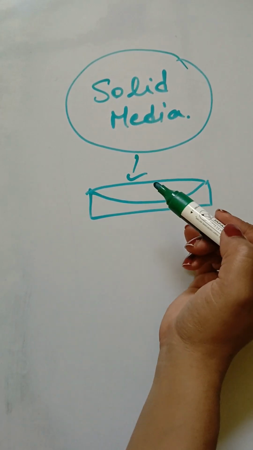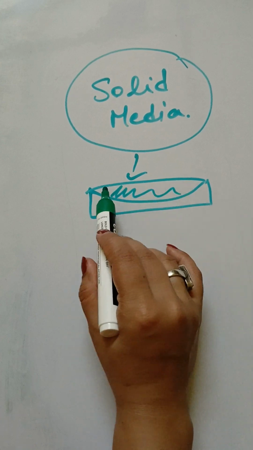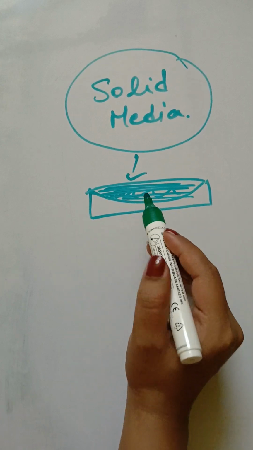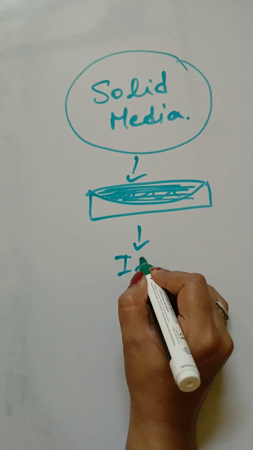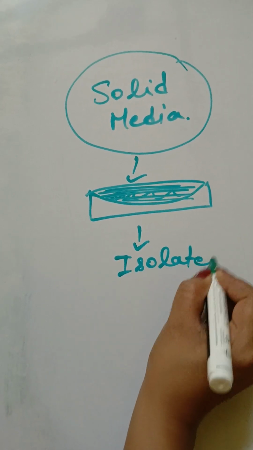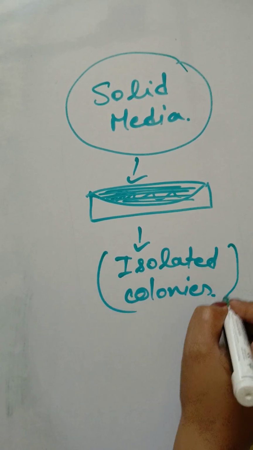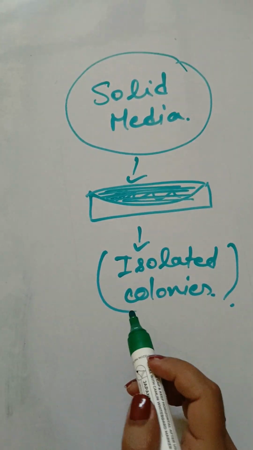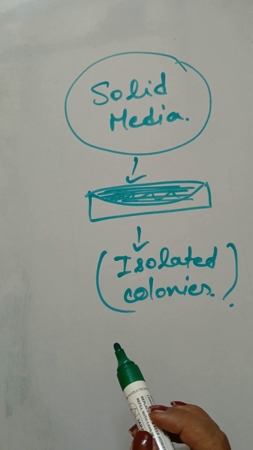It will solidify at some temperature, and then we can streak or spread the bacterial solution, and then we get isolated colonies of bacteria, which is very important for the isolation of any kind of bacteria from natural sources.